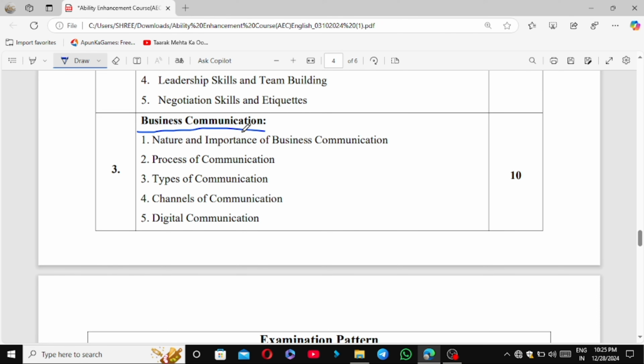Then there are many types of business communication: internal, external, etc. And there are various methods of communication like verbal, non-verbal, and written communication. In verbal communication, talking in person, on calls or in meetings; non-verbal means body language, gestures or facial expression; and written communication means email, reports, letters, etc.